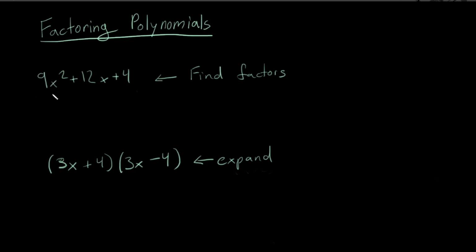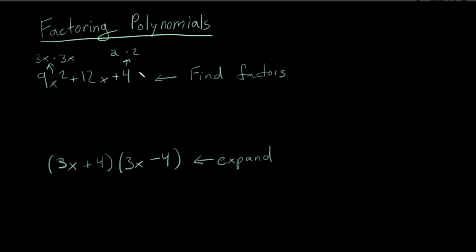So right away, I see that 9x squared is in fact a perfect square, since I can see that it comes from 3x times 3x, and I can see that the second term comes from 2 times 2.